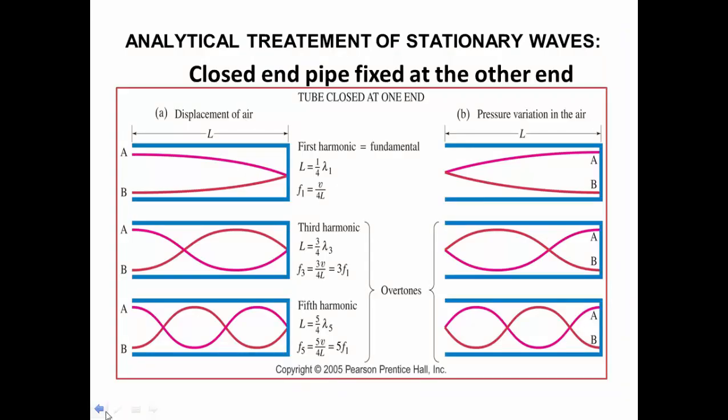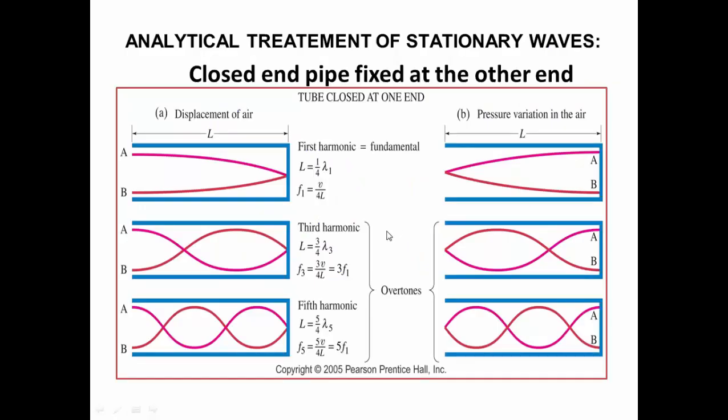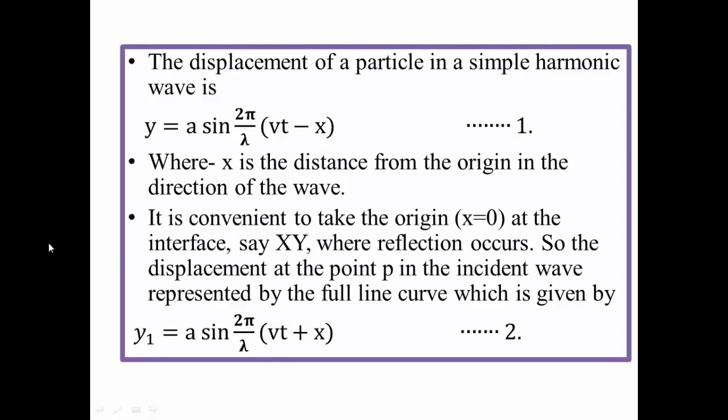In this figure, xy is the interface. This is x and this is y. So it is convenient to take the origin at the interface, say xy, where reflection occurs.